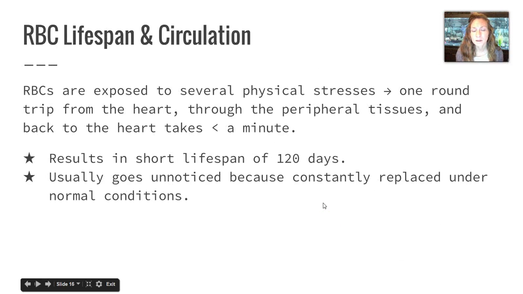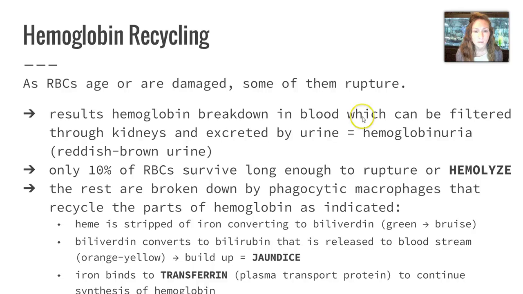Now, the lifespan and circulation of a red blood cell is about 120 days. That's because they're exposed to several physical stresses. One round trip from the heart through the peripheral tissues and back to the heart takes less than a minute. This lifespan, or this exchange of blood, normally goes unnoticed because they're constantly being replaced under normal conditions.